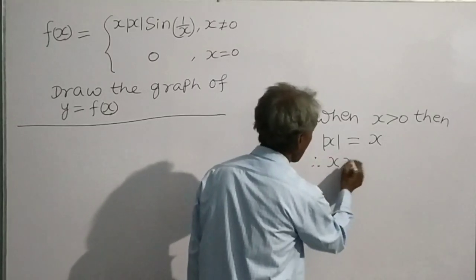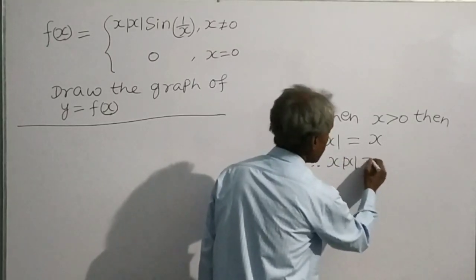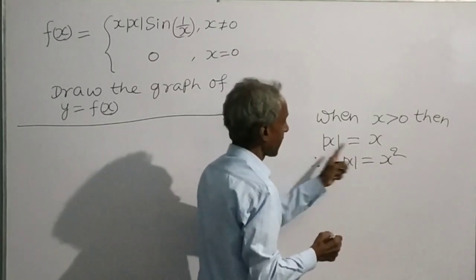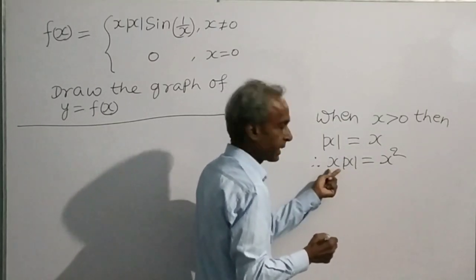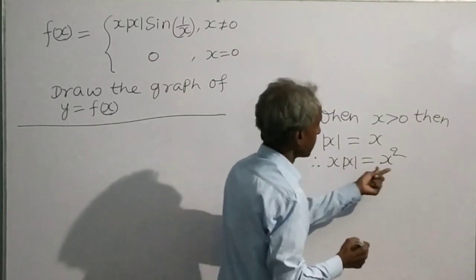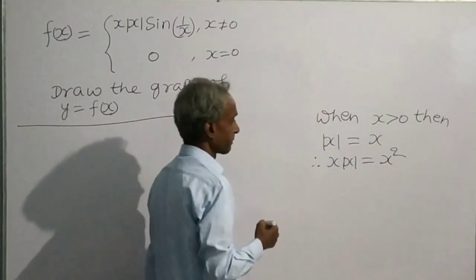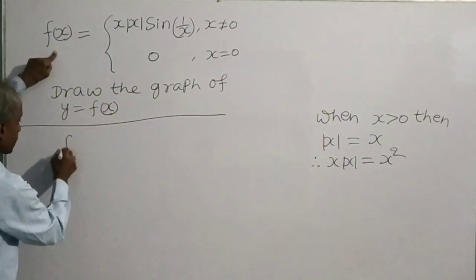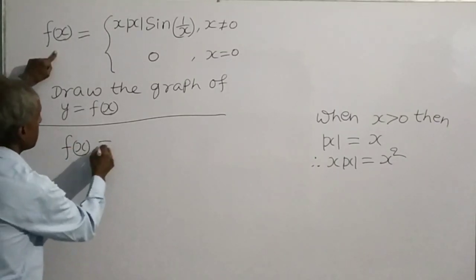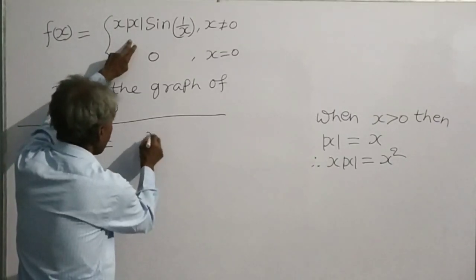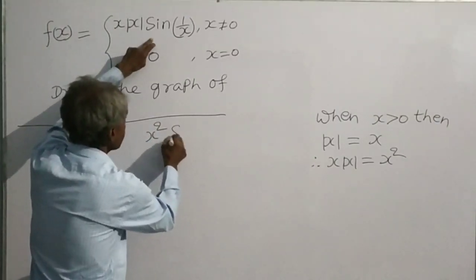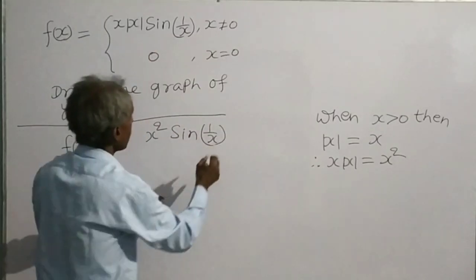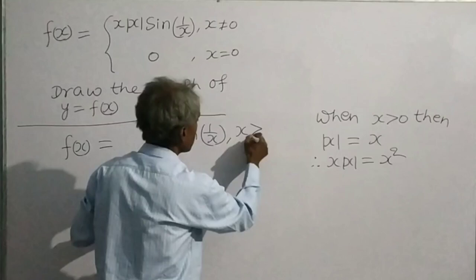Therefore, multiplying both sides by x, we get x mod x is equal to x square. Therefore, this function f(x) will be equal to x square sin 1 by x when x is positive.